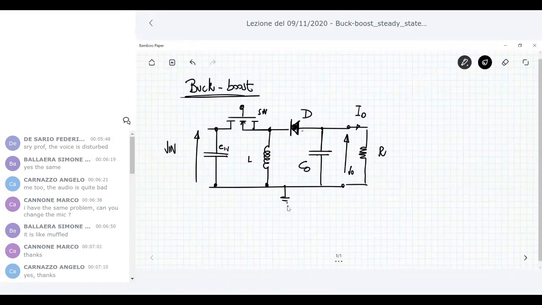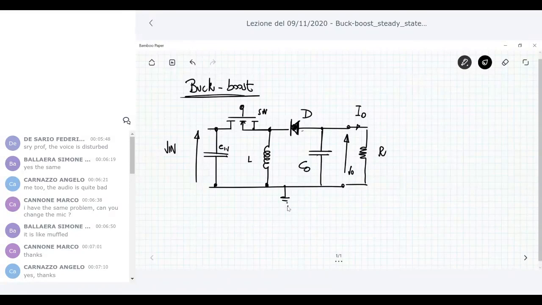We will learn during the next lectures that the buck boost has this specific name because it is exactly the cascading topology configuration made by the buck followed by a boost. This can be understood if you look at the input port.